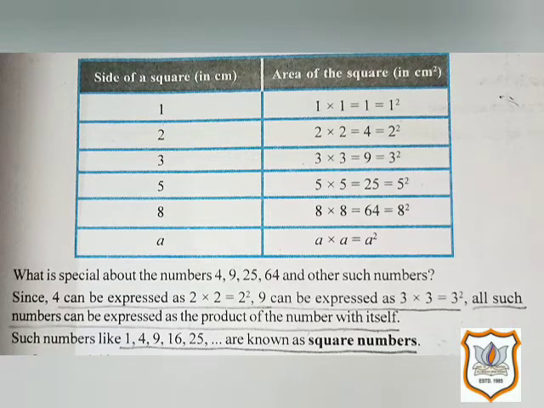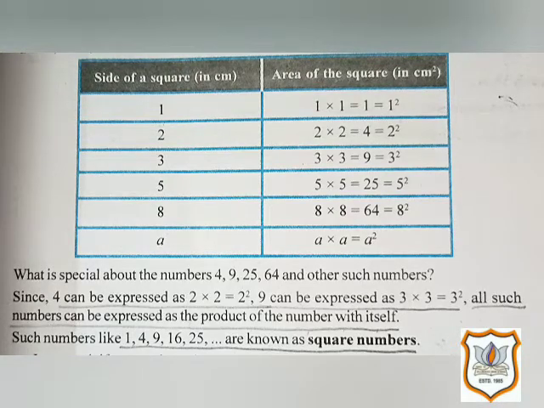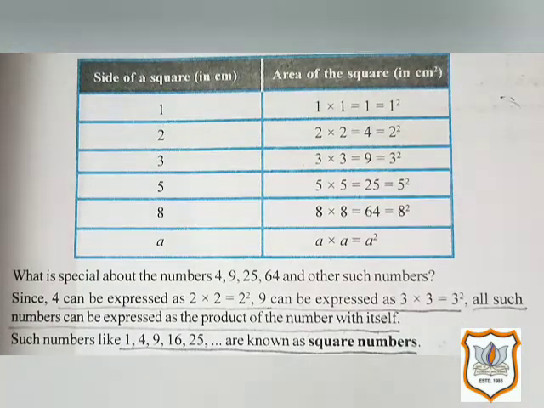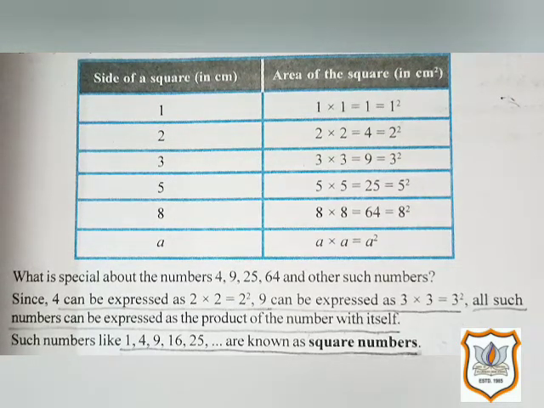In other words, we can say that a natural number is called a perfect square or a square number if it is the product of the number with itself. So 1, 4, 9, 16, 25, and so on are known as square numbers.